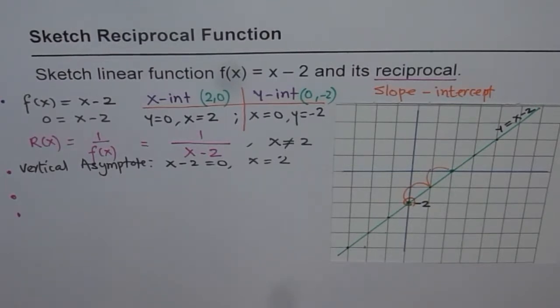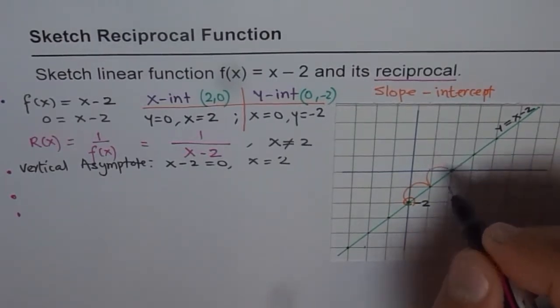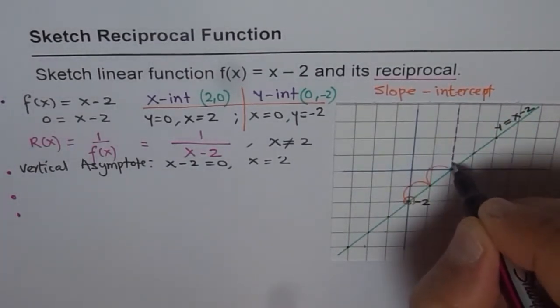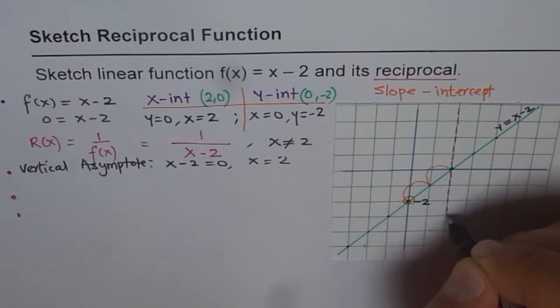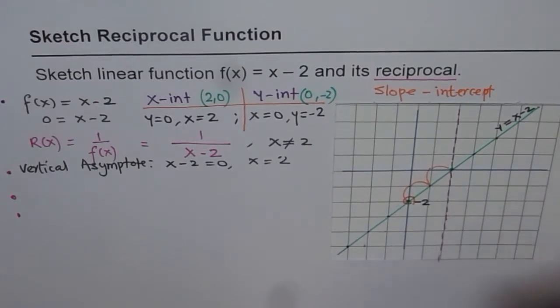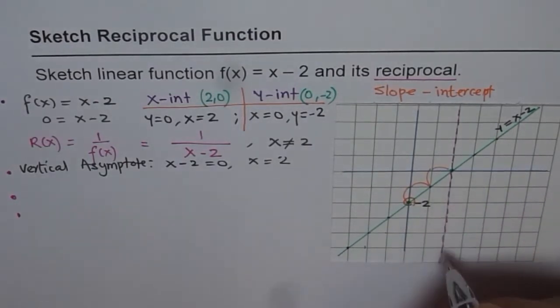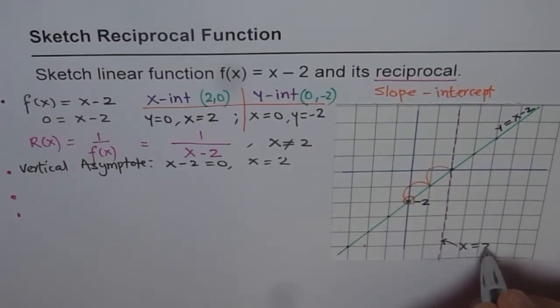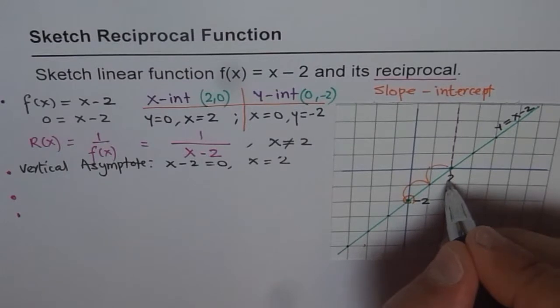Therefore, at 2 we have a vertical asymptote. Let me draw it with a dotted line here. This is the vertical asymptote, x = 2.